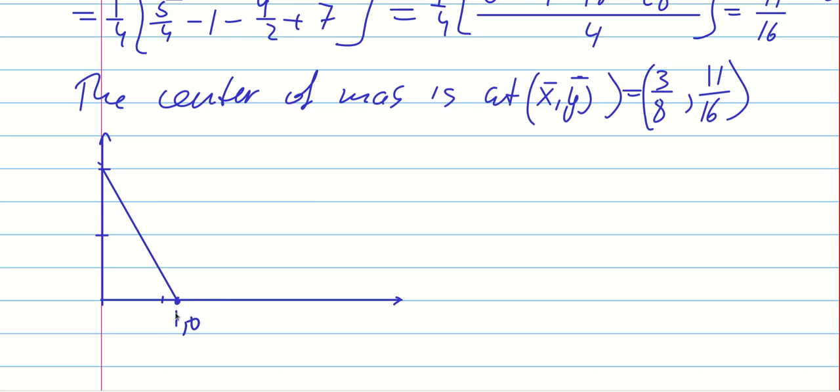So this is 1, 0, and this is 0, 2, and this is 0, 0. So if I go to 3/8 and 11/16 on the y-axis, 3/8 is just a little bit smaller than a half, so my picture is a little bit off. So here, 3/8 and 11/16.